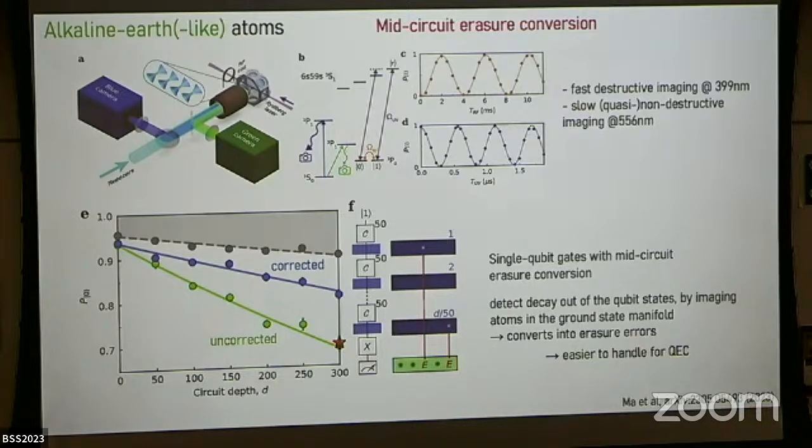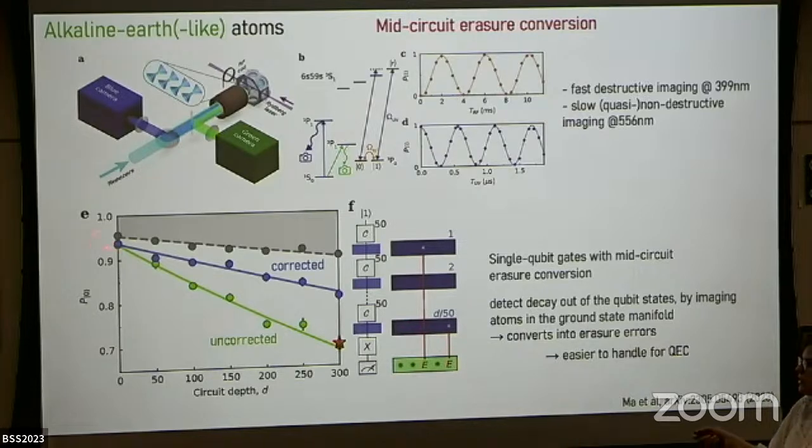Okay, so they go out of your qubit subspace. So what he does is, after, let's say, 50 single qubit gates, he images the atoms in the ground state to see if anything has decayed to the ground state. And he keeps the image, then he does another sequence of 50 gates, then he images again in the ground state, another sequence of 50 gates, then he images again, and then he looks at the final result.